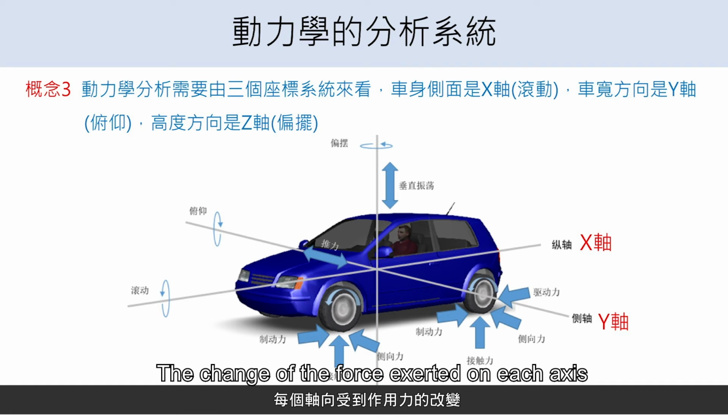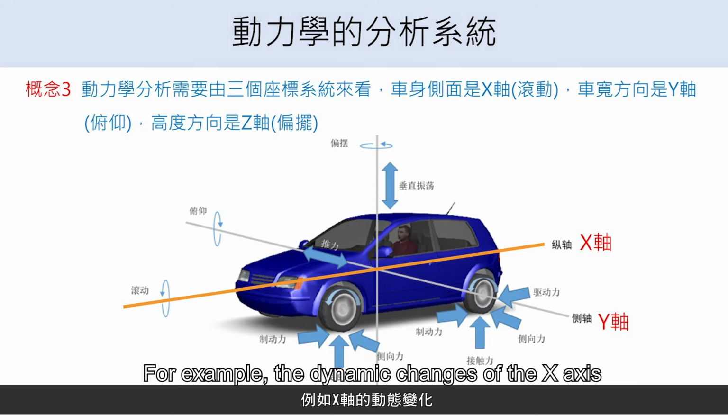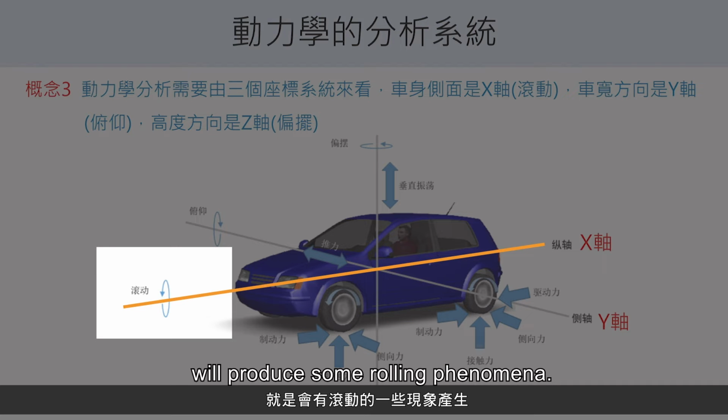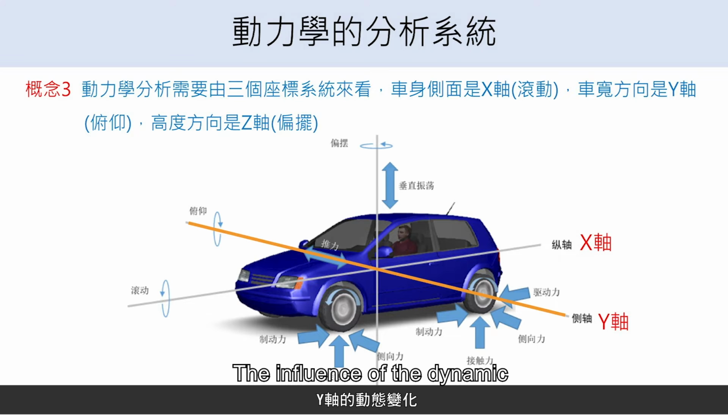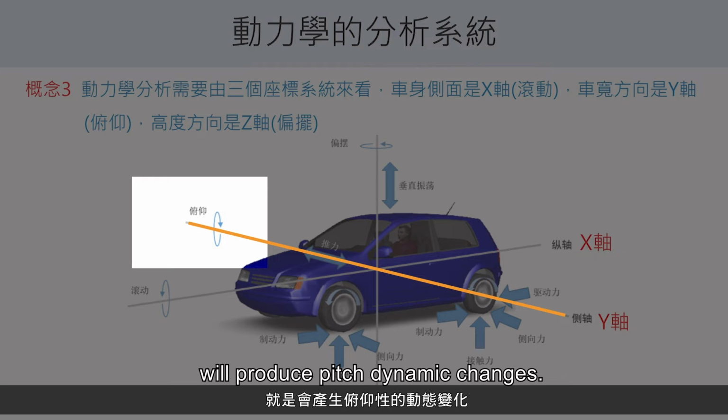The change of the force exerted on each axis will produce different dynamic changes of the vehicle. For example, the dynamic changes of the x-axis will produce some rolling phenomena. The influence of the dynamic changes of the y-axis on the vehicle will produce pitch dynamic changes.